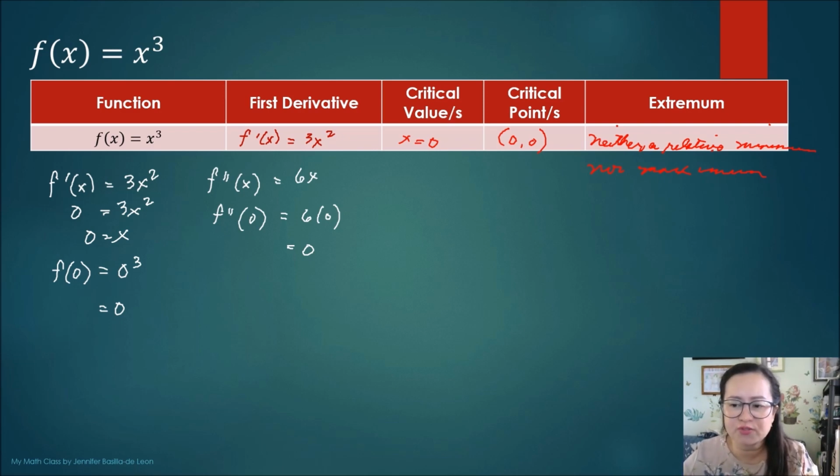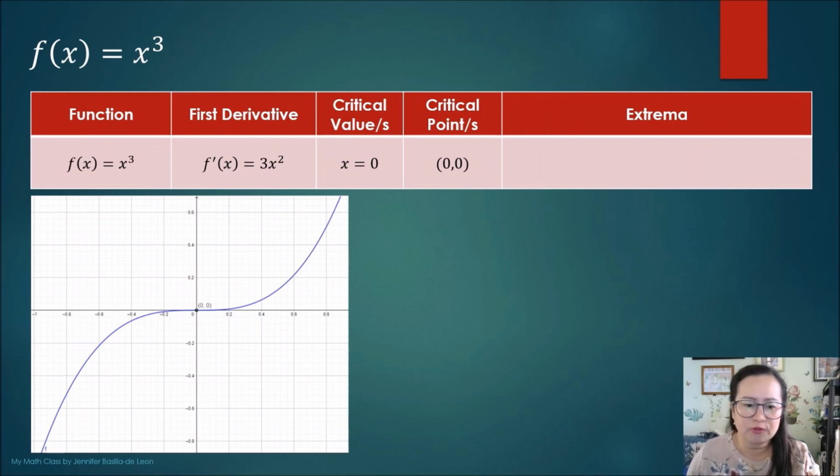Now, let's verify using the graph. Looking at the graph, this is 0. Here's the point 0, 0. We get a point on its left and check whether it's higher or lower than the point. Looking at it, we can say that 0, 0 is higher than the points on its left.